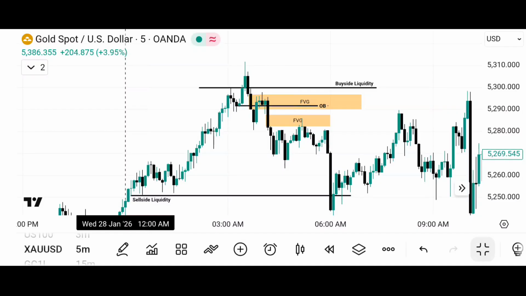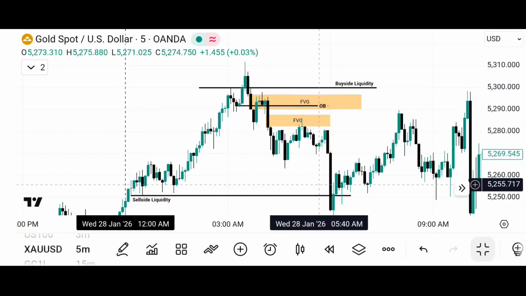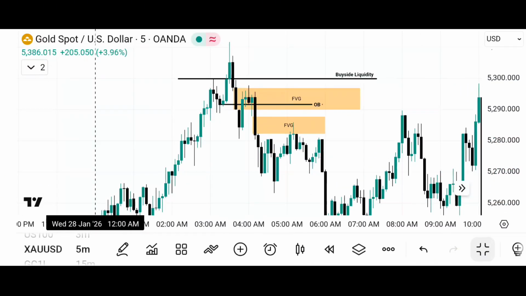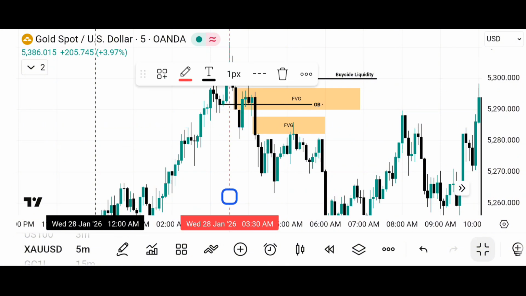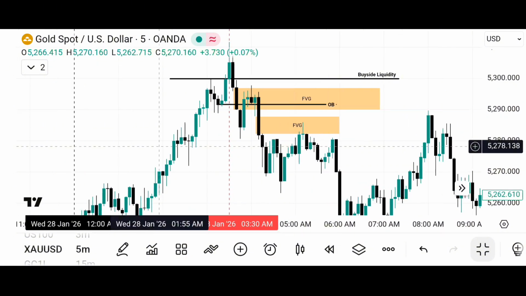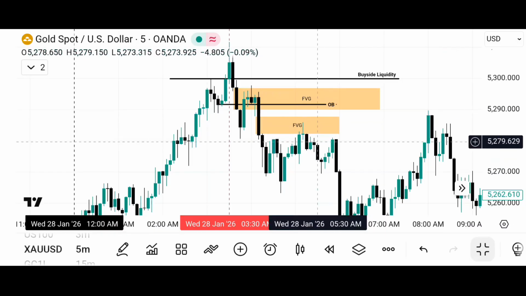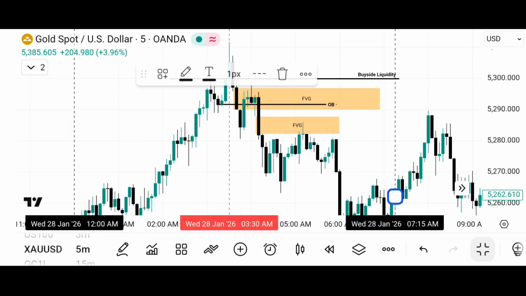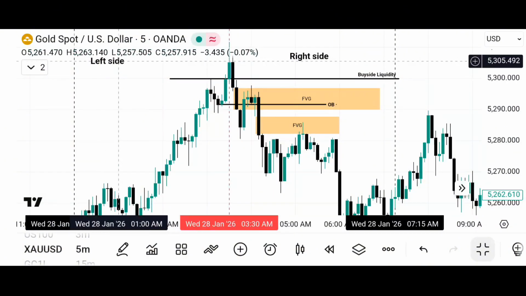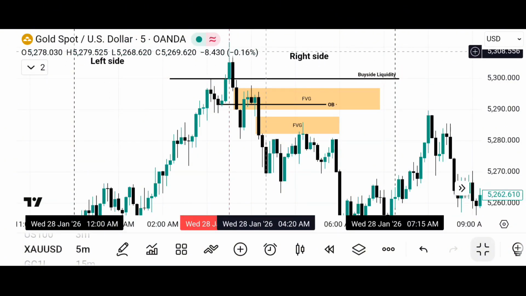So you see this price run up and this price run down. It can actually be divided into two, which is the left side of the curve and the right side of the curve. So this is the left side of the curve and this is the right side of the curve.